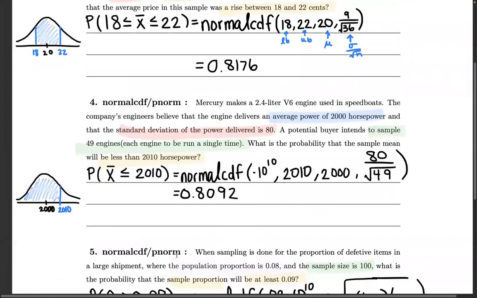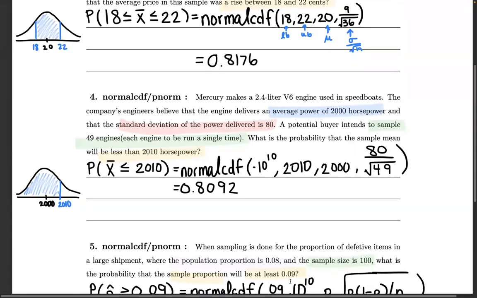Question 5. When sampling is done for the proportion of defective items in a large shipment where the population proportion is 0.08 and the sample size is 100, what is the probability that the sample proportion will be less than 0.09?